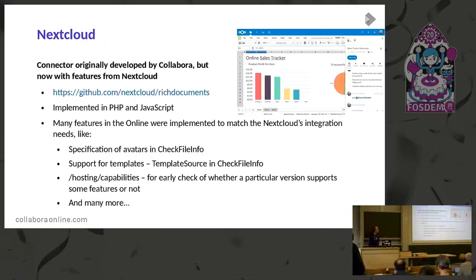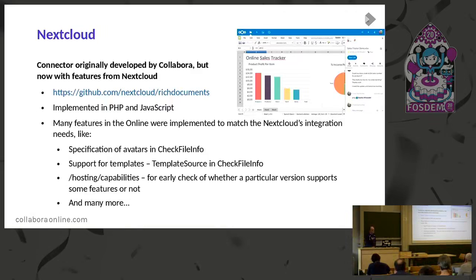Nextcloud. So the Nextcloud connector was originally developed by Collabora, but now Nextcloud engineers are actively developing it and adding features. So it's implemented in PHP and JavaScript. And it's one of the oldest integrations, so we have implemented a lot of things to meet their requirements.